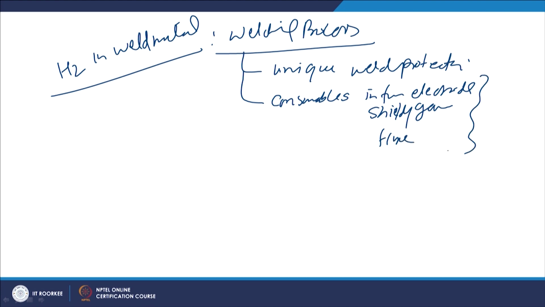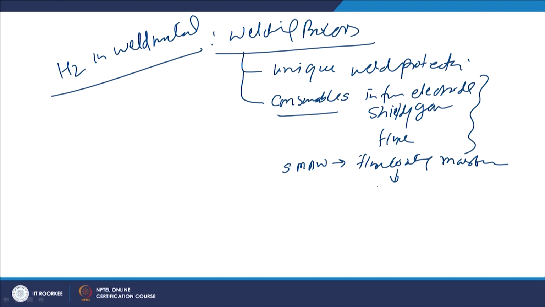So, this will be another aspect: the consumables which are being used, whether they are free from hydrogen or not. Invariably, the electrodes used in shielded metal arc welding have a flux coating which absorbs moisture.